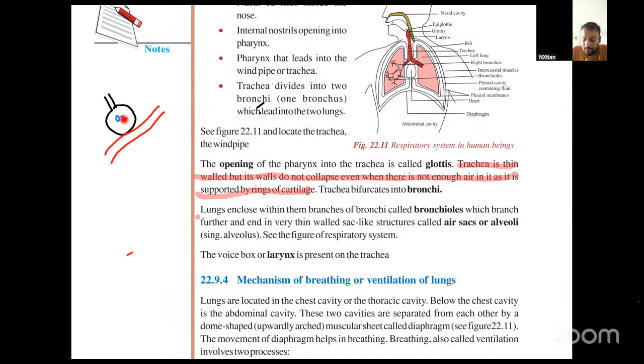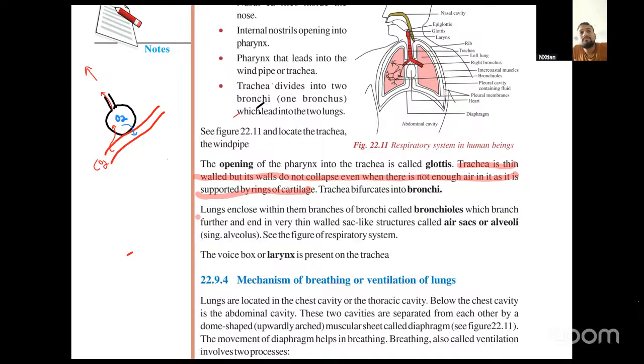So the oxygen will move from high concentration to low concentration. In the alveoli, carbon dioxide is less; in the blood, carbon dioxide is more. So the carbon dioxide will also exchange in the same way, from high to low concentration, leaving the body, and the oxygen will dissolve in the blood. Did you understand?